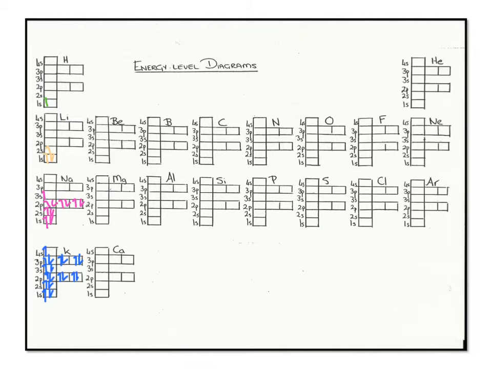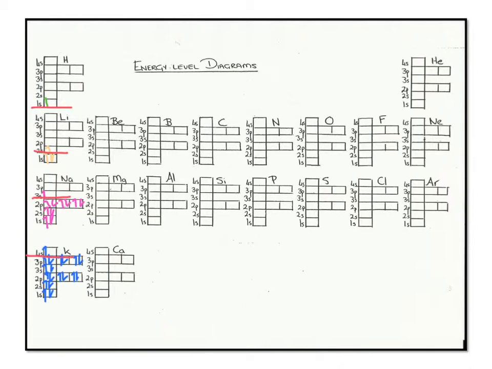Now what I want you to notice about those is that they have exactly the same number of electrons in their outer energy level. The outer energy level is the last energy level that's been filled in each case. So in hydrogen it's the first, in lithium it's the second, in sodium it's the third, and in potassium it is the fourth energy level.